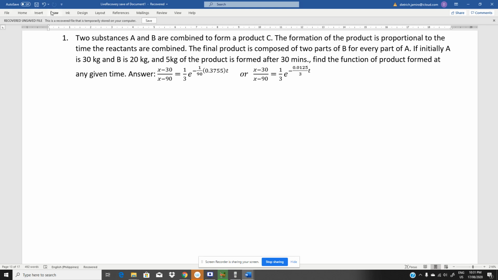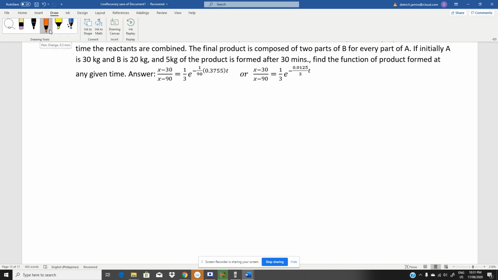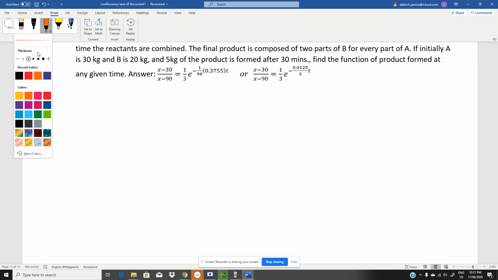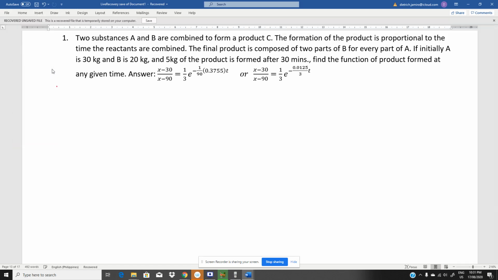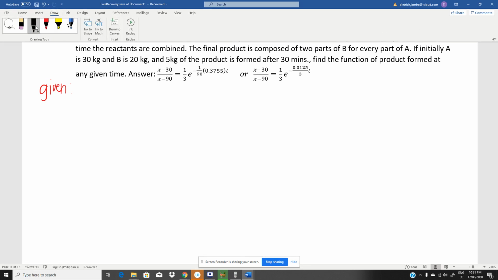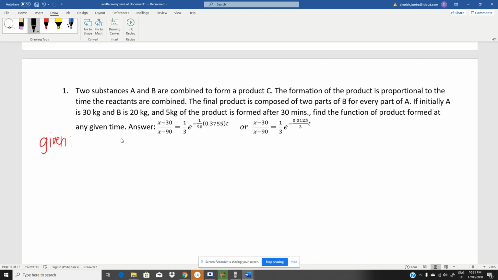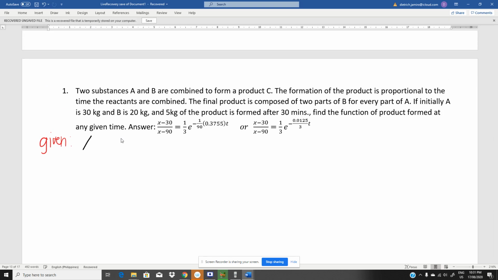So first we should write our given. You can see we are given that reactant A and reactant B form a product.